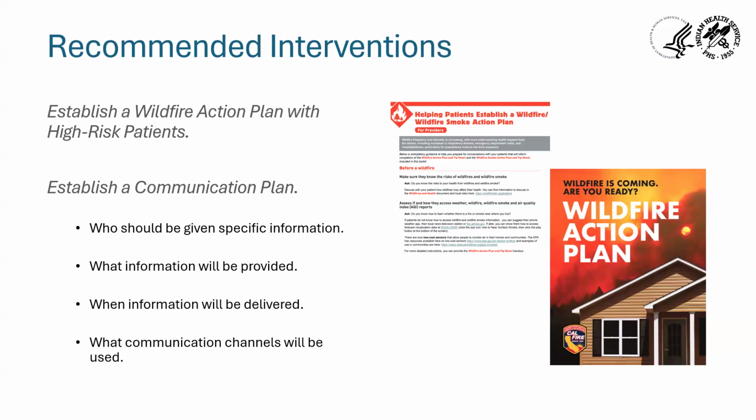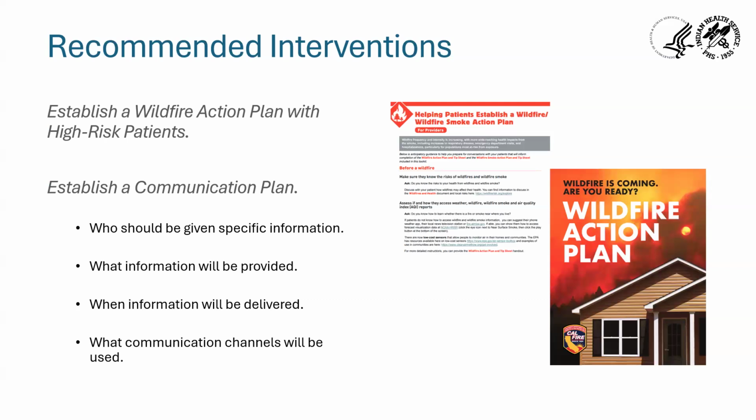Next is to establish a communication plan. So this plan should outline who should be given specific information, such as if you want to do targeted messaging to your schools, nursing homes, and high-risk patients within your care. Next is what information will be provided.